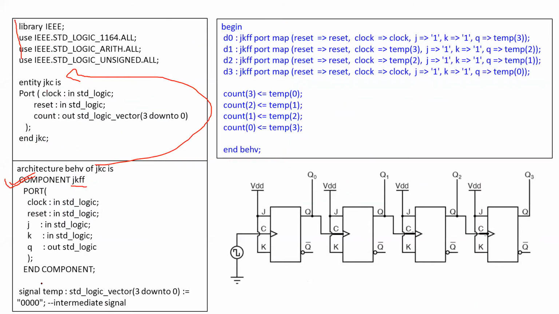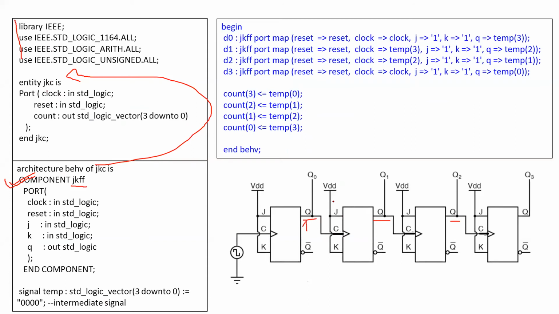Then I am creating an intermediate variable. We have this particular type of q values over here, and this q value is acting as a clock for this particular flip-flop. The values of this flip-flop are derived by making use of this q.